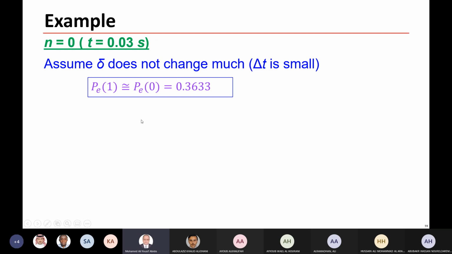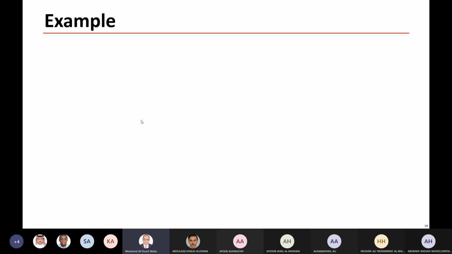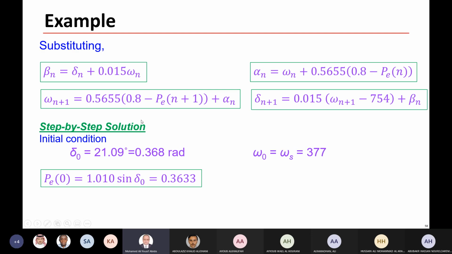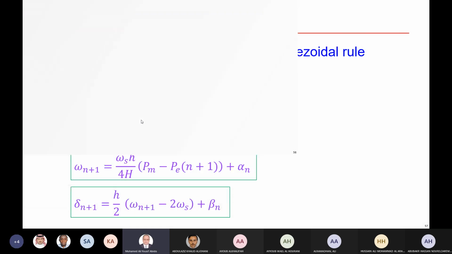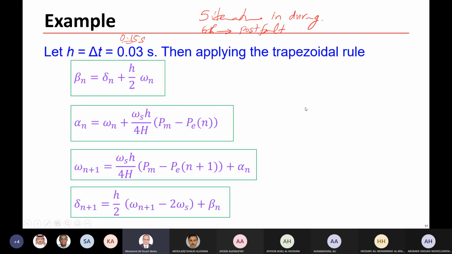Then the BE of 1, if you still remember, for the standard or general form, for omega n plus 1, you need BEn plus 1. And the BEn plus 1 will not be calculated until you have delta n plus 1. Okay, and delta n plus 1 depends on omega n plus 1.